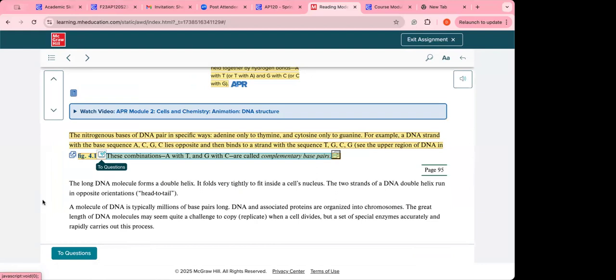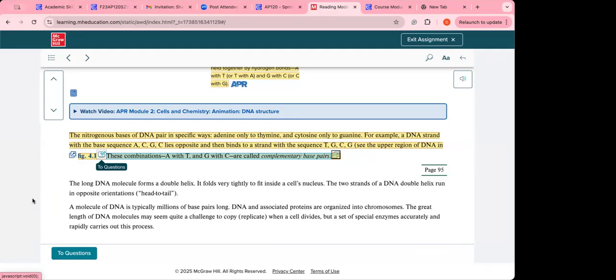Okay. A with T, like at. A with T and G with C are called complementary base pairs. Okay, all right, we can fix that later.